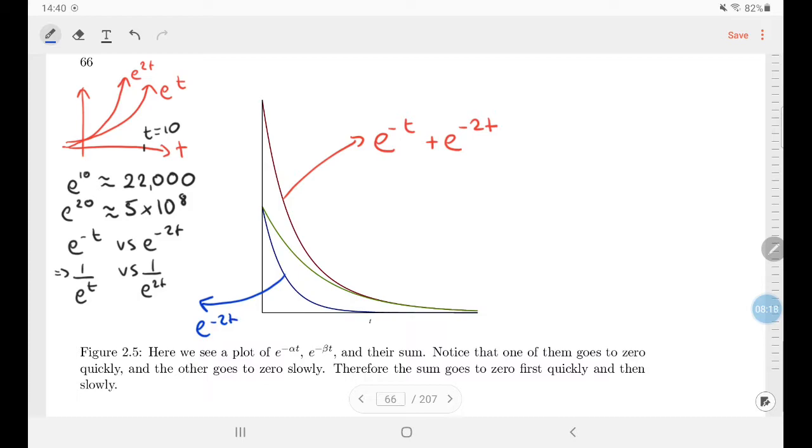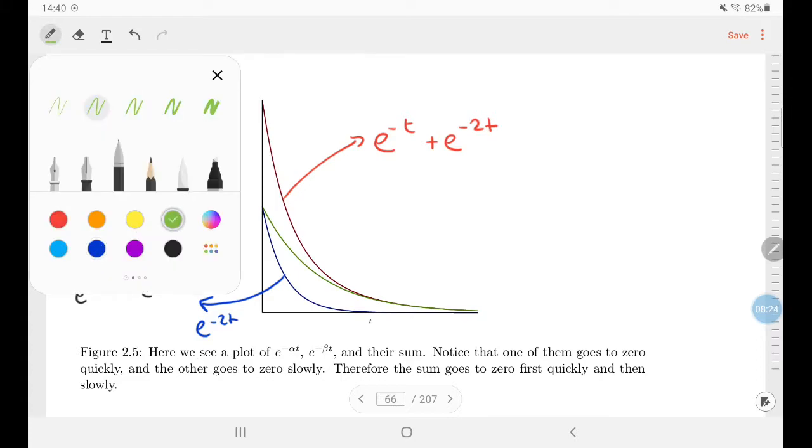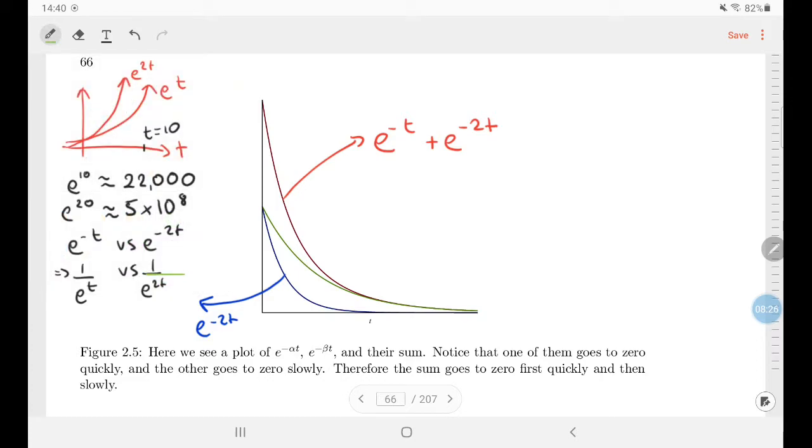Now, the 1 over e to the 2t is 1 divided by a bigger number. So this goes to 0 fast. And the other one goes to 0 slow. Well, it actually goes to 0 quite fast, but relatively slow.